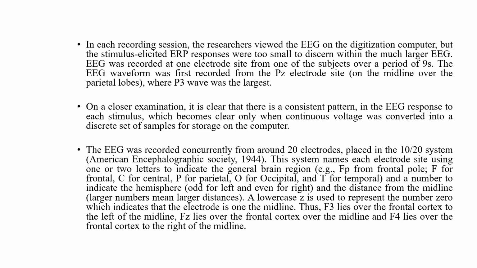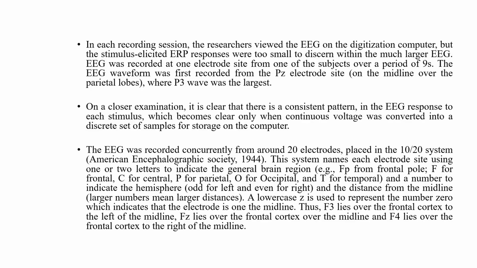On a closer examination, it was clear there was a consistent pattern in the EEG response to each stimulus, which became even clearer when the continuous voltage was converted into a discrete set of samples for storage on the computer. So, when the signal was analyzed further, it started becoming clear that there was contingent electrical activity in the brain with respect to the stimuli.